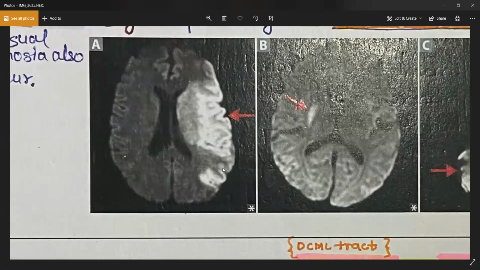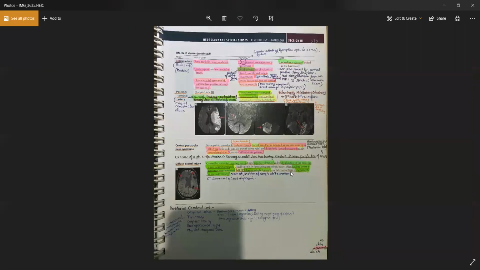Looking at this part, in the MCA stroke, the patient will have a loss of the upper limb and the face first, and the Wernicke's area can also die because of that, right? So looking at the MRI, they will ask you what symptom the patient can be having. You need to identify the structure first, and then you will be able to know what symptoms the patient can be having.